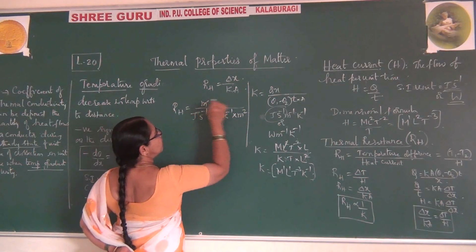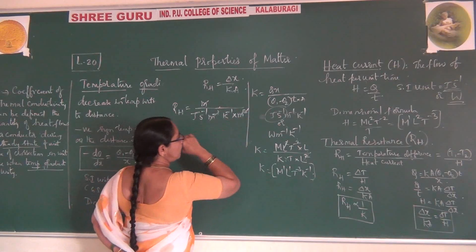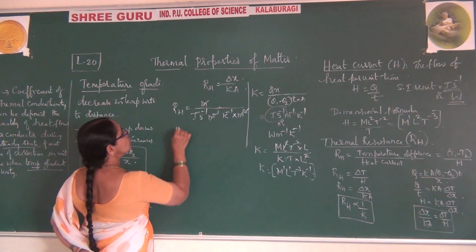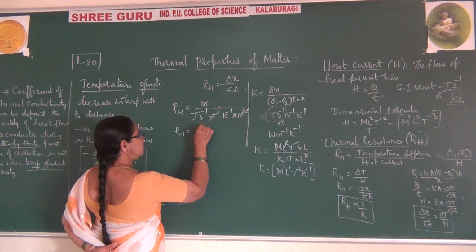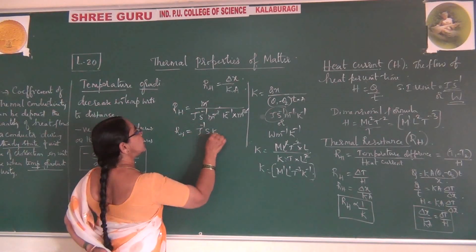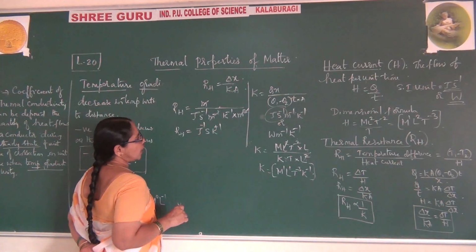So 1 meter and 1 meter will get cancelled here. Both get cancelled. So R_H is equal to, this will go to the numerator, per joule second, K to the power of plus 1. Like this you get.